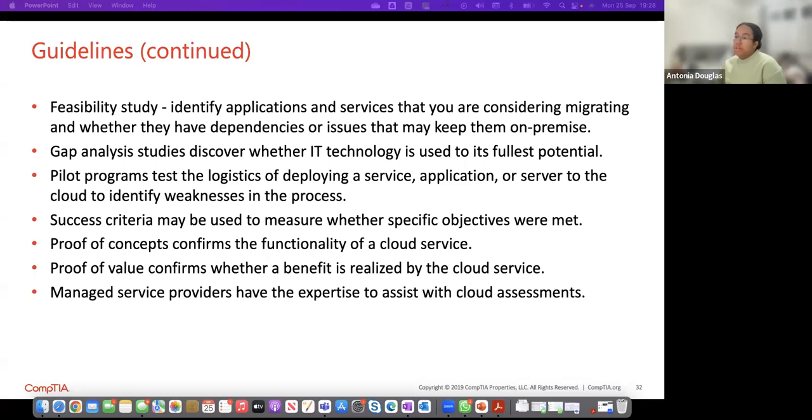Is it non-monetary, intrinsic value of the employee? And managed service providers ultimately is something that you can consider, although that might have a cost attached. Again, that might be a cost benefit analysis that an organization will have to do in order to see whether having an MSP is beneficial.